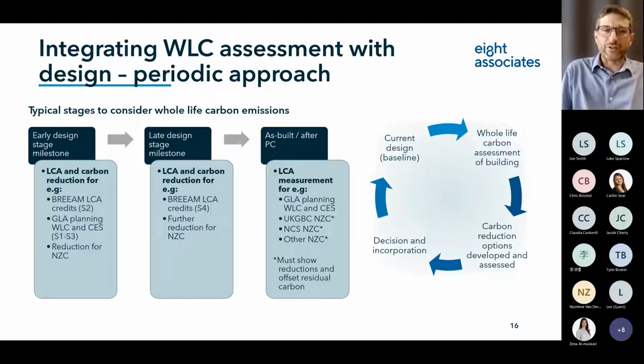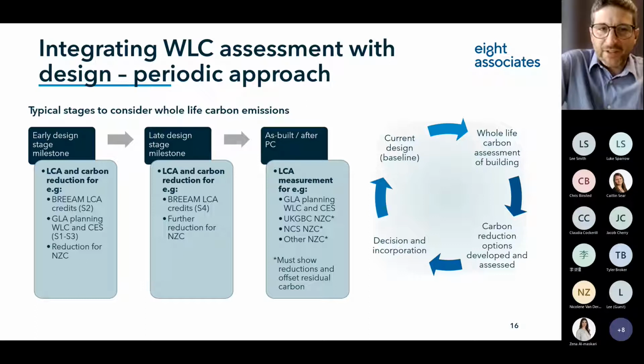But this is the thing. It's still currently a voluntary approach apart from the GLA. And so I really encourage projects to start doing this at this stage, and I'm sure it's going to become a case where more and more local authorities are asking for evidence that this kind of activity has happened and emissions have been reduced.